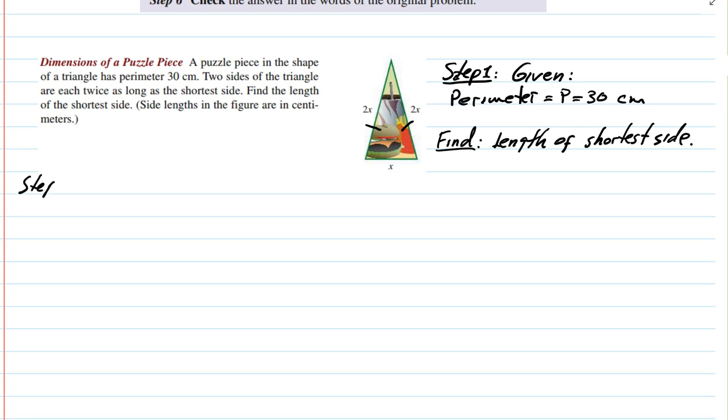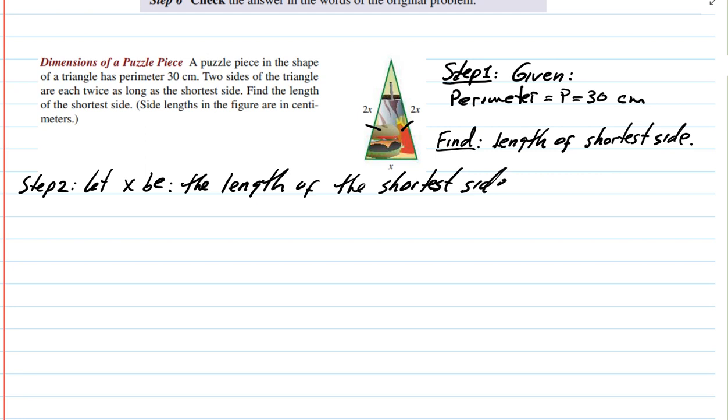So I'm just going to write step 2. We're going to let x be what it is we want to find, right? So it's going to be the length of the shortest side. All right, now that we declared a variable, step 3.